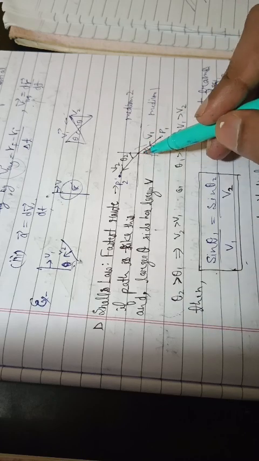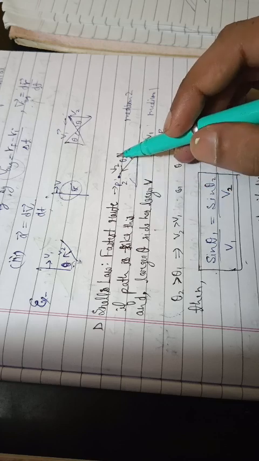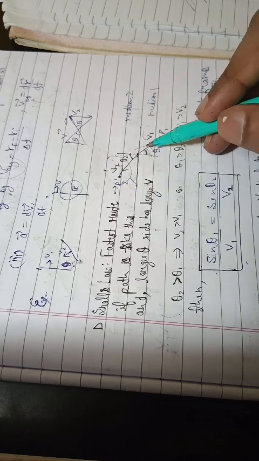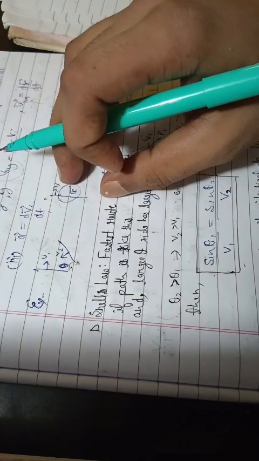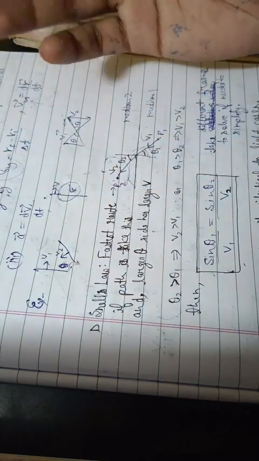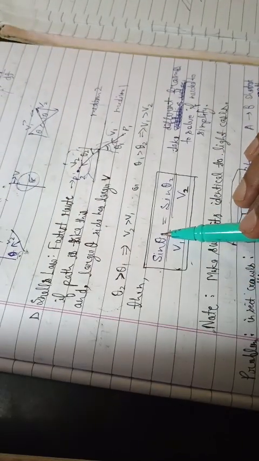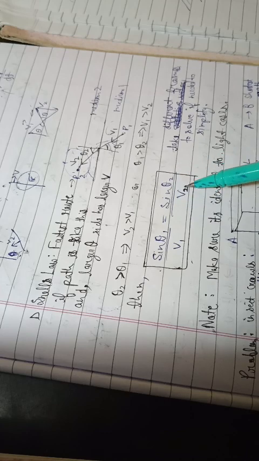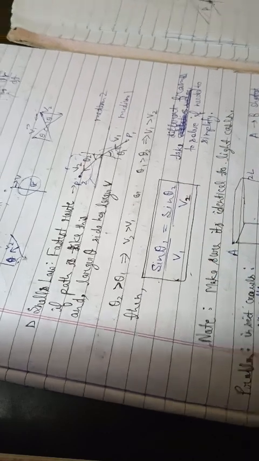If a particle is moving in this direction with higher velocity, then the angle should increase from theta 1, just like it happens in the light case. And the formula we can use is sin theta 1 by v1 is equal to sin theta 2 by v2. Let's take a question to understand it.